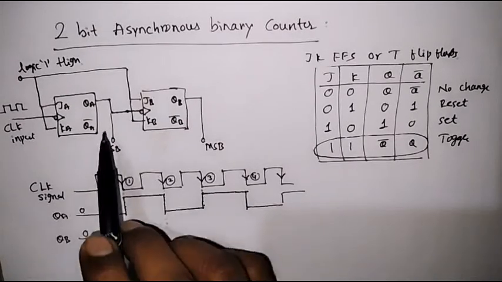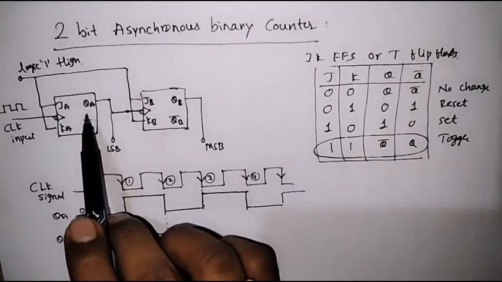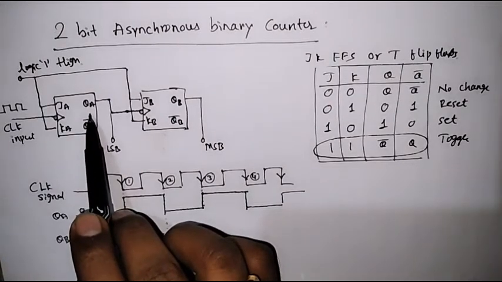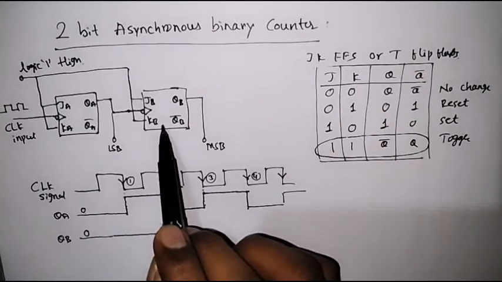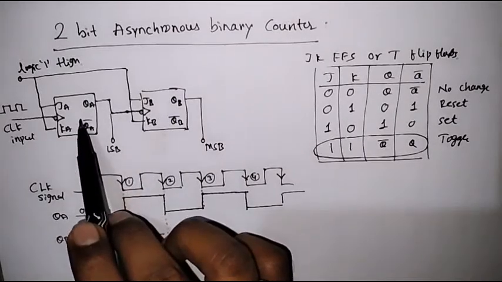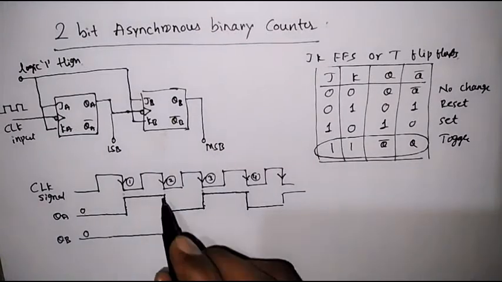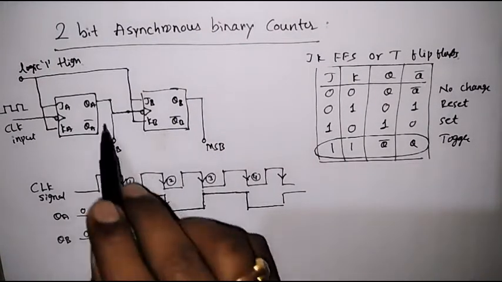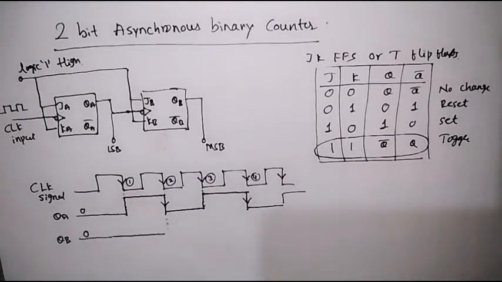Now in this diagram we can see that the output of the first flip-flop is given to the clock input of the next flip-flop. It means that at every negative edge of the output of the first flip-flop, the second flip-flop will become active. This is the negative edge of QA, the output of the first flip-flop, and this is the negative edge of QA.